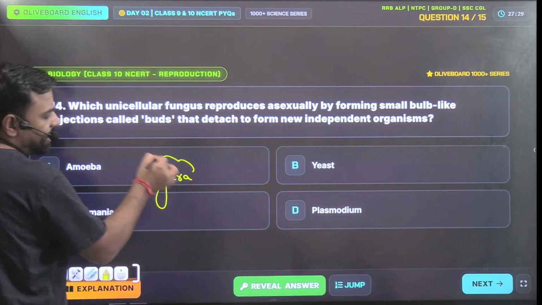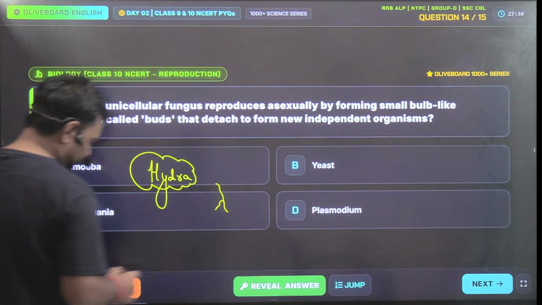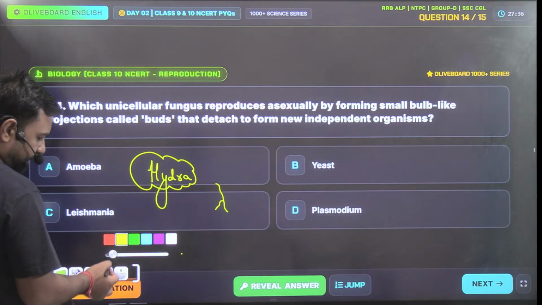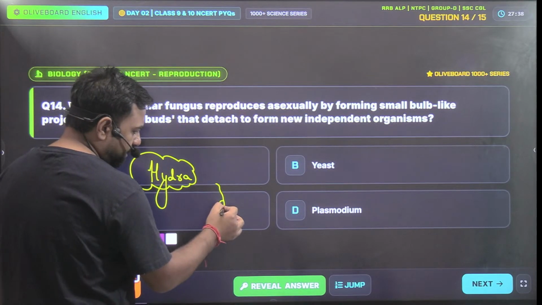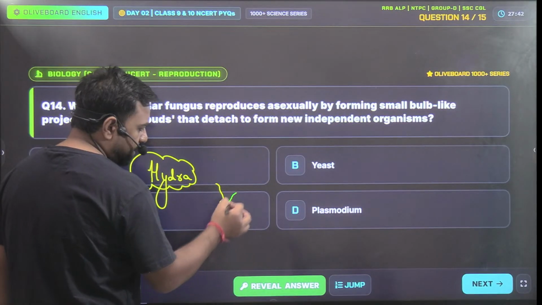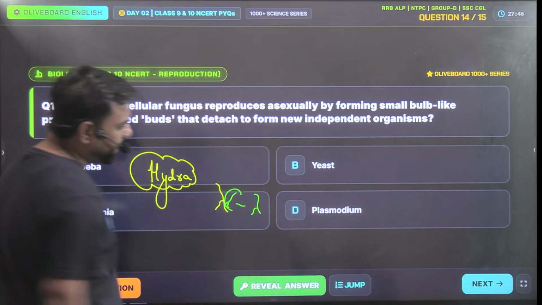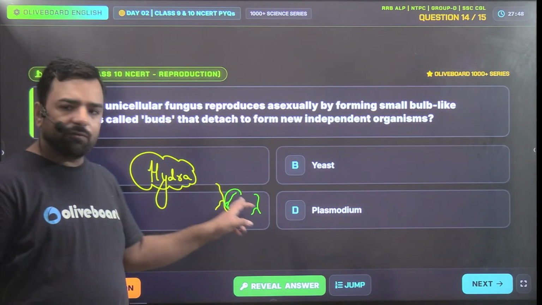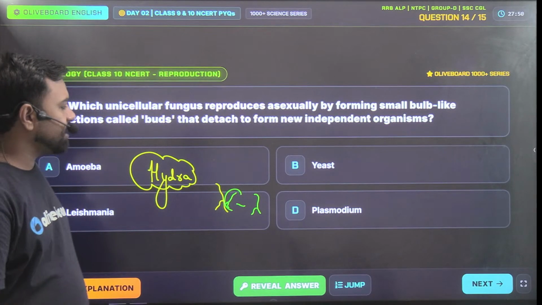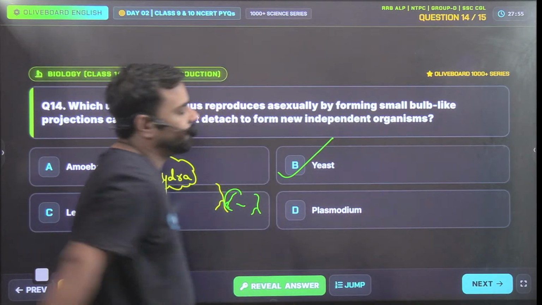What happens in the case of hydra? On the parent's body, this bud starts developing like this. When it is fully developed, it gets separated. This process is known as budding. This budding also takes place in the case of yeast, right?